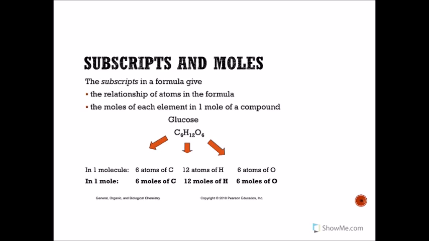Just like saying in 1 human, like saying myself, I have 2 hands, right? So in 1 mole of me, let's say I have 1 mole of Shanna's, or Miss Van's. 1 mole of Miss Van's is 6.02 times 10 to the 23 Miss Van's, right?